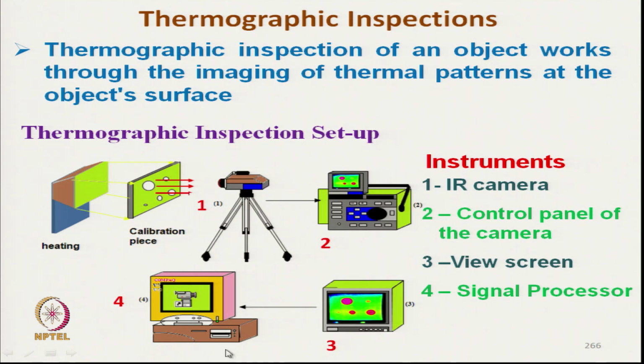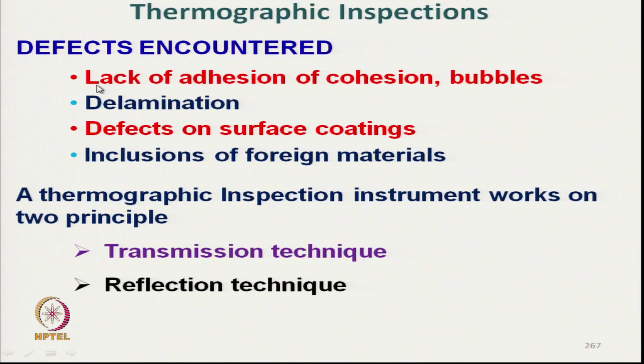The signal is processed here, and the viewing screen and control panel are here. Depending on the type of defect, we get the image on the other side. There are different types of defects we can detect: delamination, defects on the surface coating, and inclusion of foreign particles.